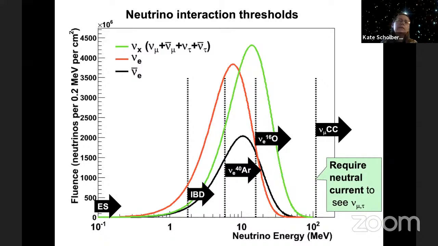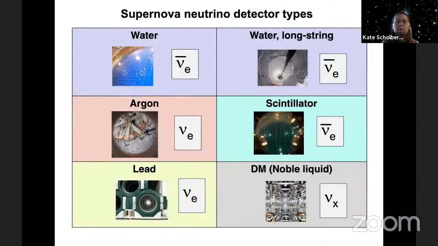You really need to have the neutral currents in order to have access to basically two-thirds of the flux. And so that's a property of neutrinos that we have to fight in order to get good information from a supernova neutrino burst.